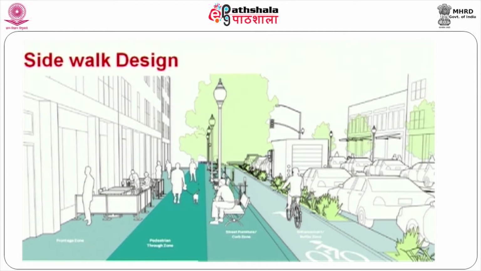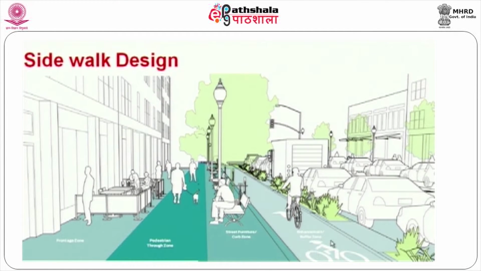Yes, parking, because parking is also a part of the street infrastructure that needs to be put in. And you also have in this case a bicycle lane. It's not possible to provide it everywhere, but essentially it should be provided in areas, especially in the Indian context, which have good access to schools.